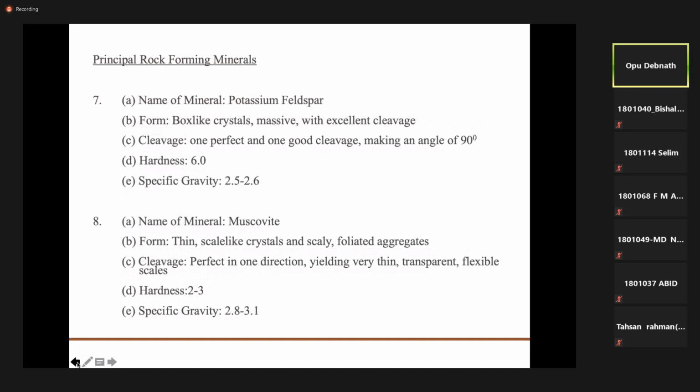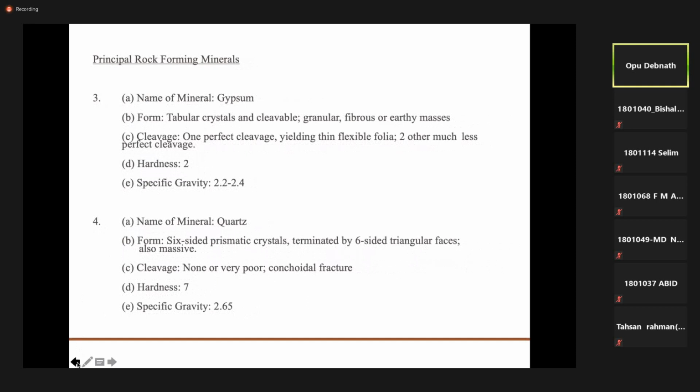I will just list up the names of some minerals, suppose 20 or 25 or 30, any number. Then you have to write down the properties of those minerals, including the form, cleavage, hardness, color, luster, etc. As much as possible, as the submission is online, you are also requested to collect some images for the different phases.